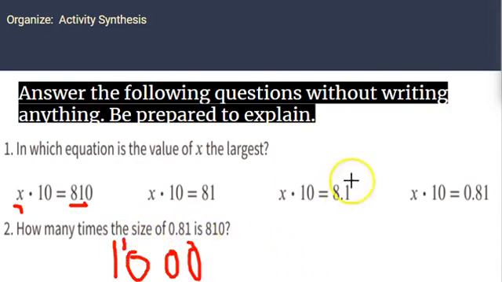Or 10 to the third power. Because think about it. This 8 is in the tenths and ends up in the hundredths, so it would have to go once, twice, 3 moves, and the only way to do that is to multiply by 1,000 to keep those digits the same. Okay.